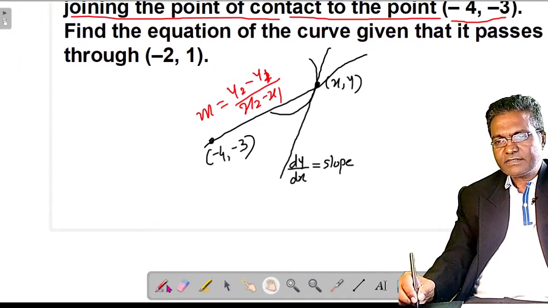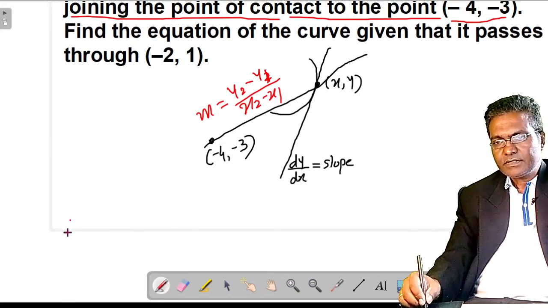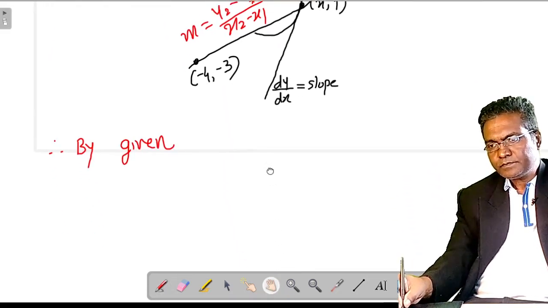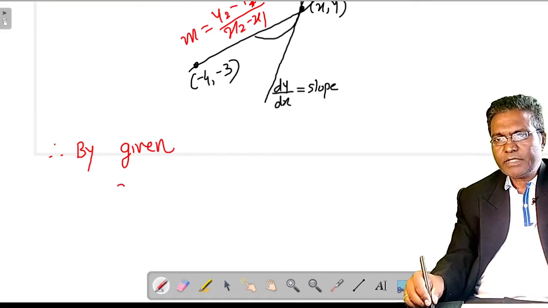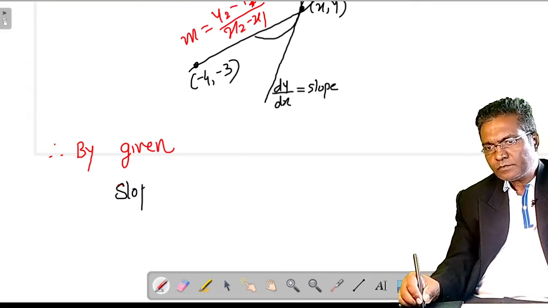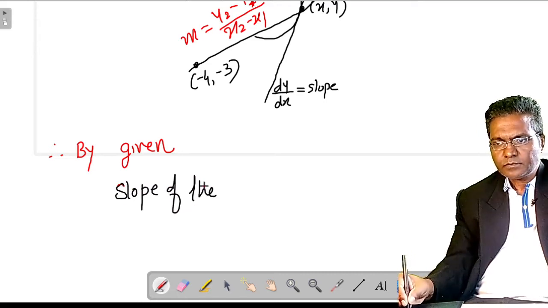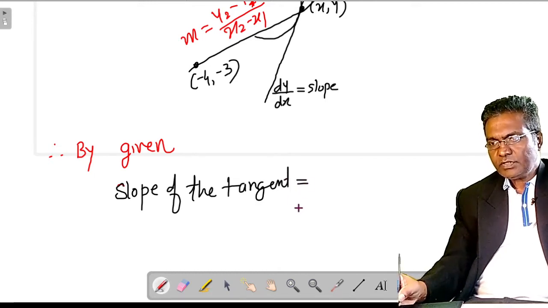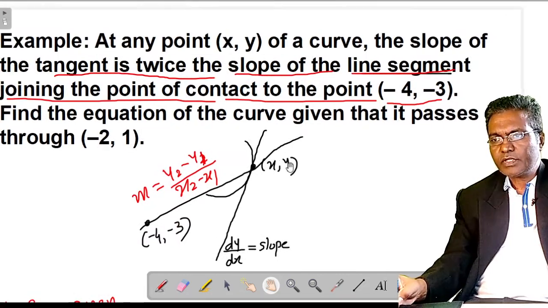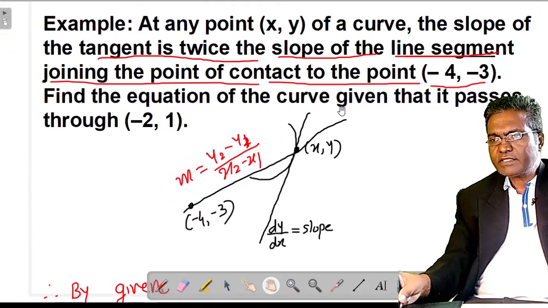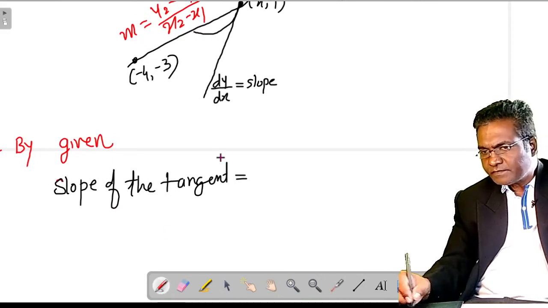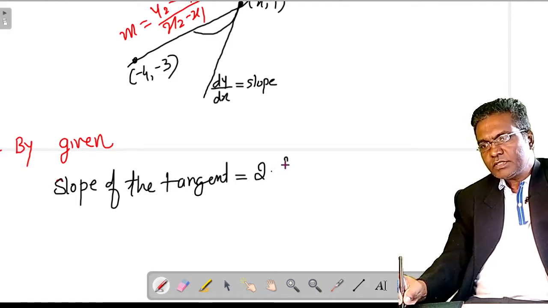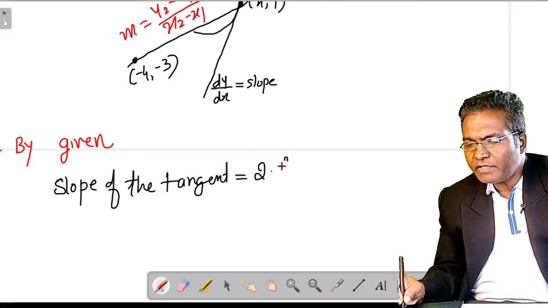Therefore, by the given condition, the slope of the tangent is equal to twice the slope of the line segment joining the point of contact and the given point.